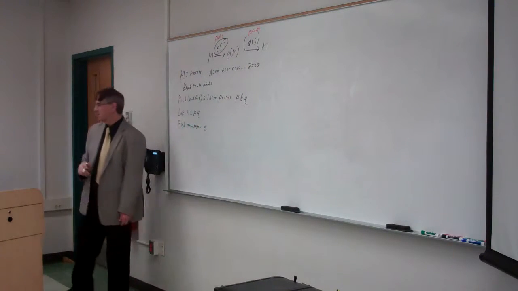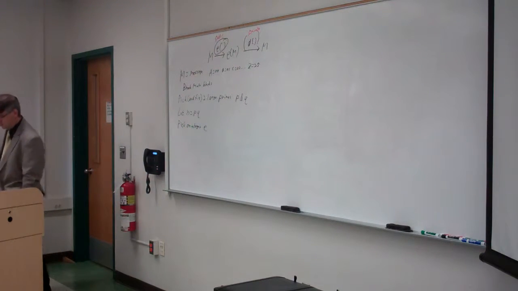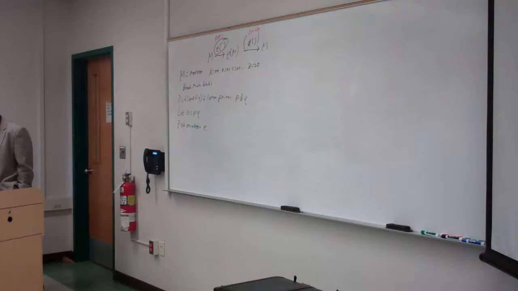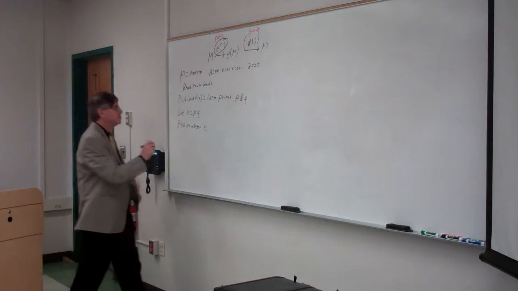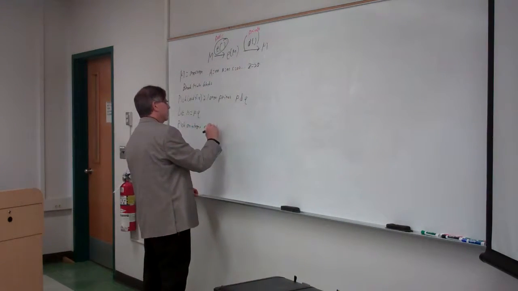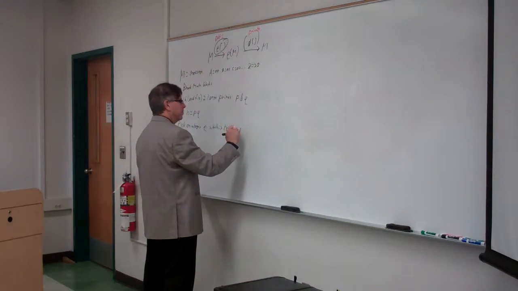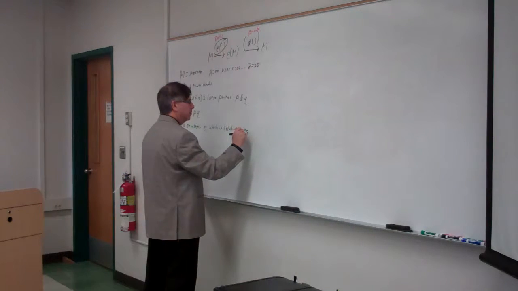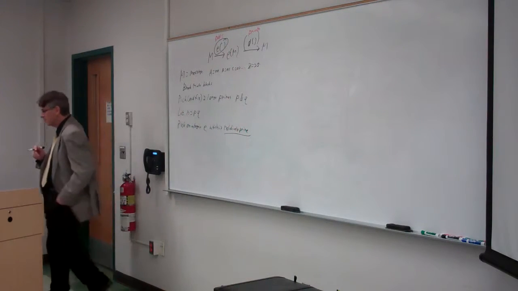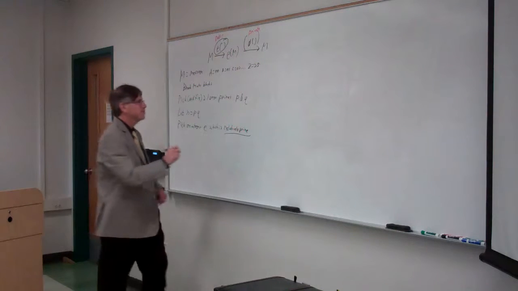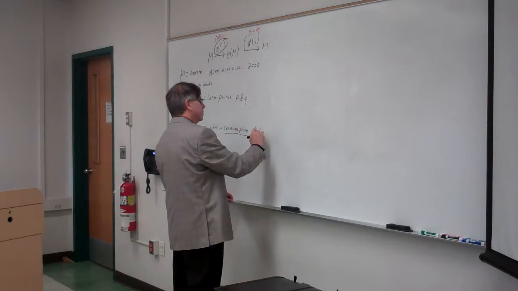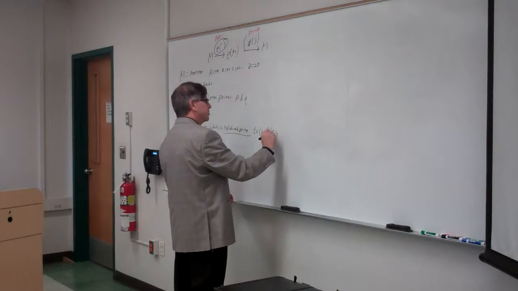So we pick a large integer e, which is relatively prime, I'll tell you what that means in a second, relatively prime to the following product, p minus 1 times q minus 1.